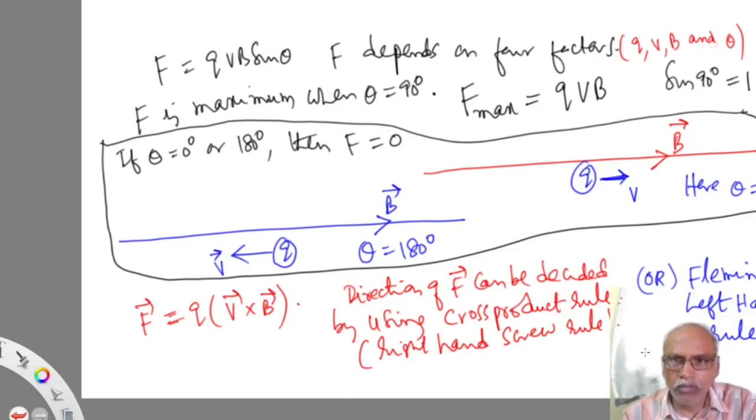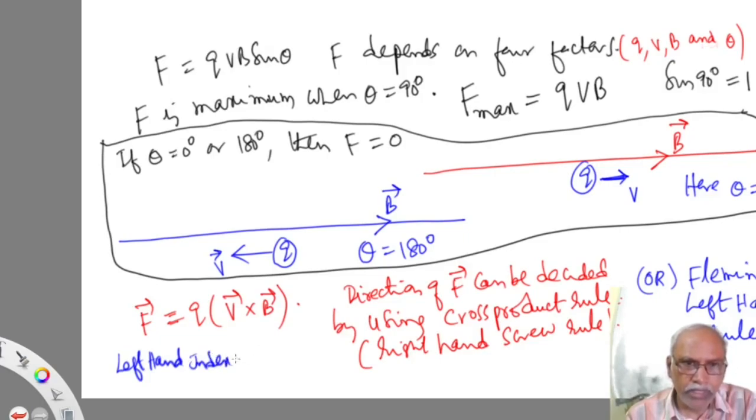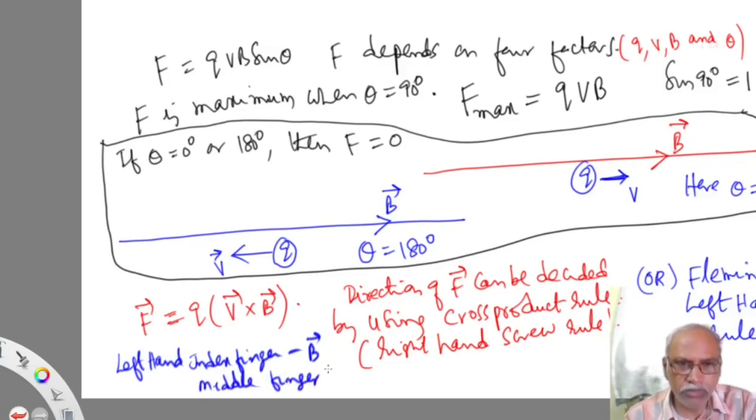Left hand's thumb is in the direction of the force, index finger is in the direction of the magnetic field, and middle finger is along the velocity V bar of the positive charge.